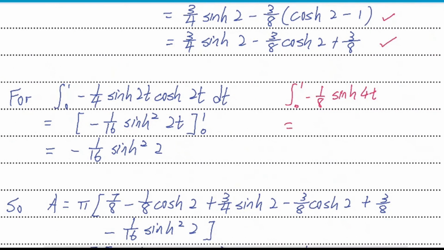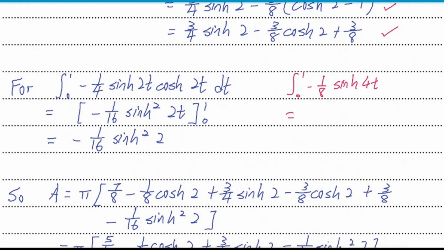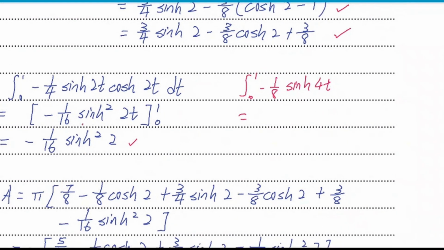Let me tell you what is the good thing about doing it in this form rather than having it in sine 4t. If you do it this way, after you integrate, you are getting something like this, in which when you sub in the value, you will start with the cos form.